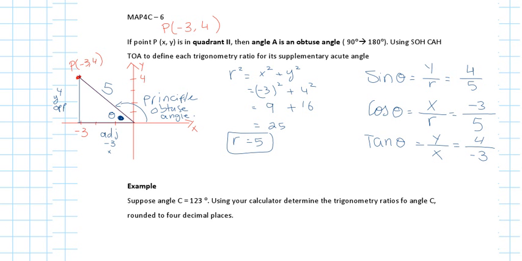Listen, if you're in the first quadrant, your principal angle is acute, right? And then your supplementary angle is obtuse, okay?